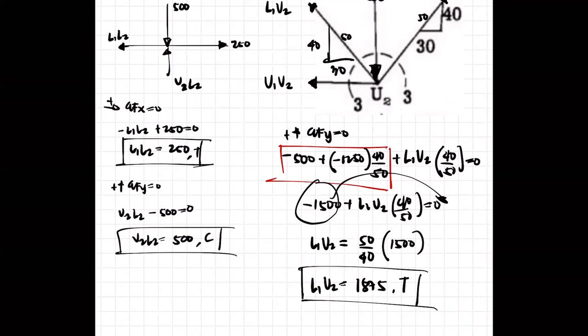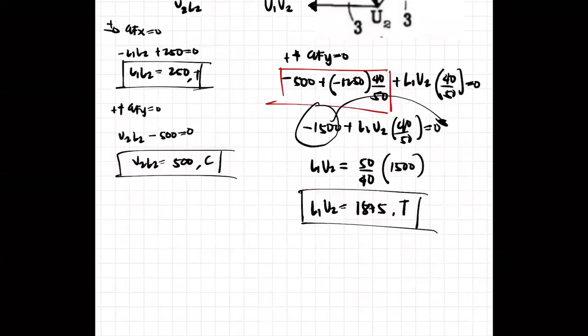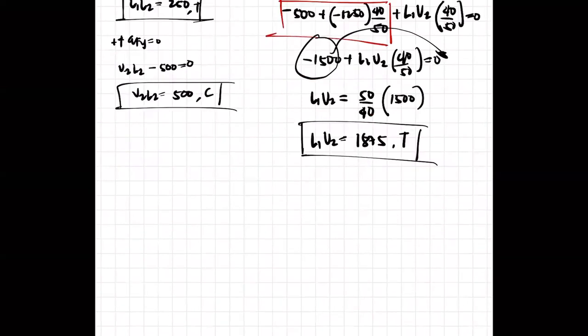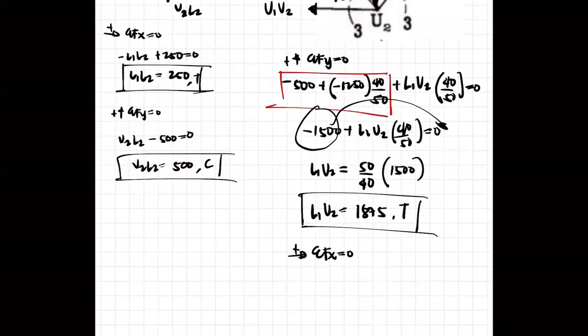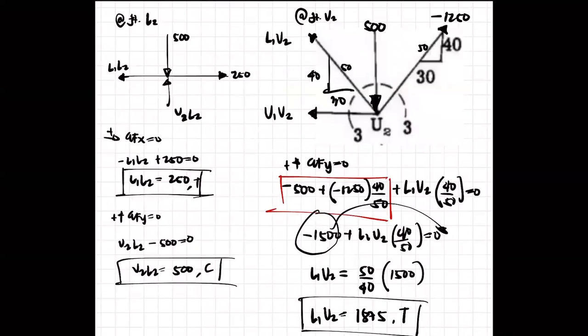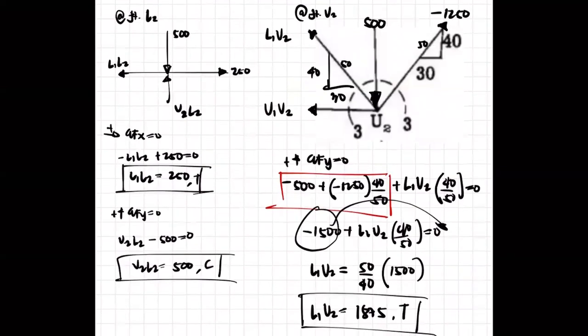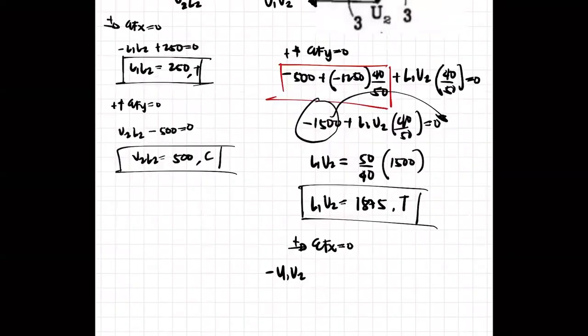Next is summation forces X. Okay? Summation forces X is equal to 0. Going right is positive. We have negative U1, U2. And the negative component of L1, U2.